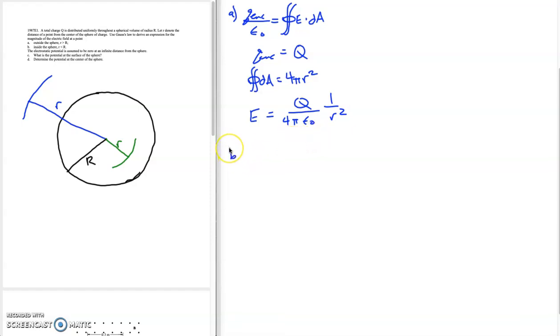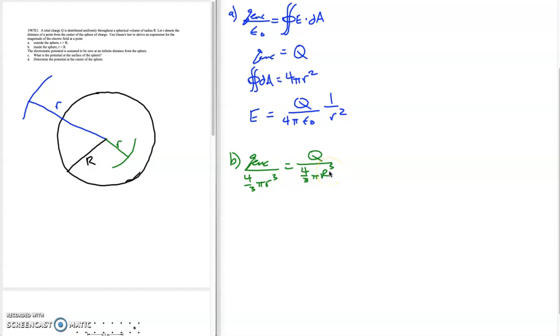All right, for part B, now our Q enclosed is going to be a little bit different because we're going to have to deal with the volume that we have enclosed here. Let me switch to green because that will match up with there. Now we've enclosed some of the volume and therefore some of the charge.